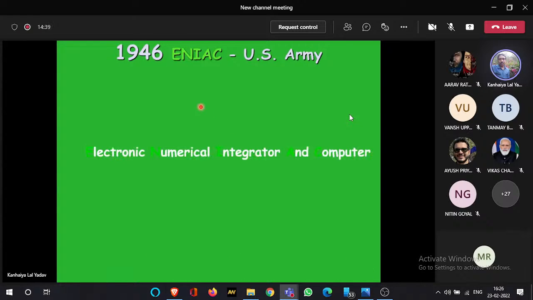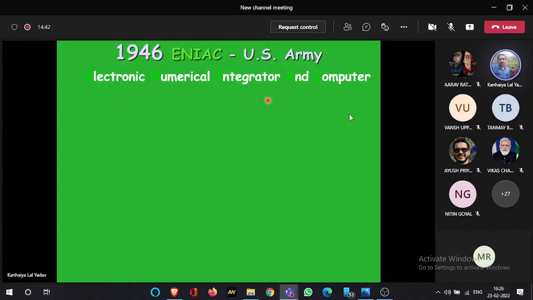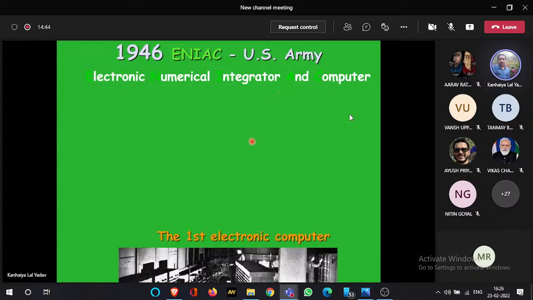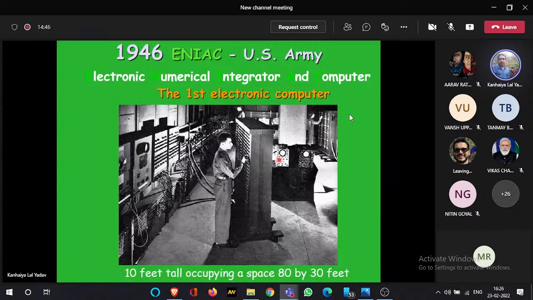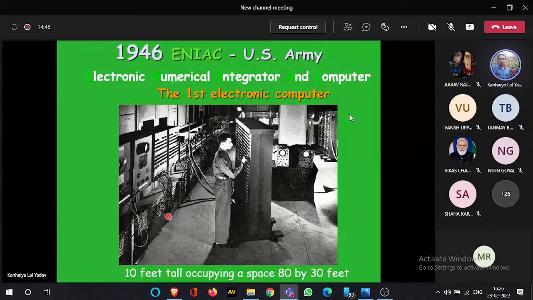And then in 1940s, the Electronic Numerical Integrator and Computer was made. First electronic computer, if you see, this is 10 feet tall, occupying a space 80 by 30 feet. The whole room, 80 by 30 feet, is where this whole computer is kept. Okay.